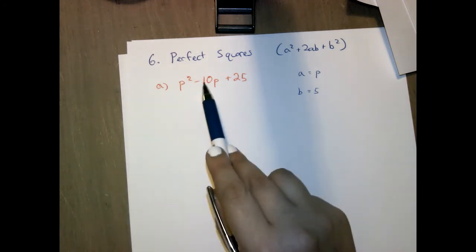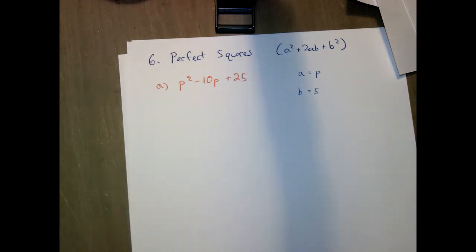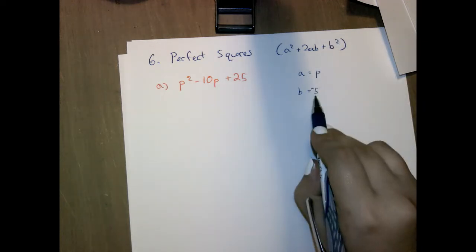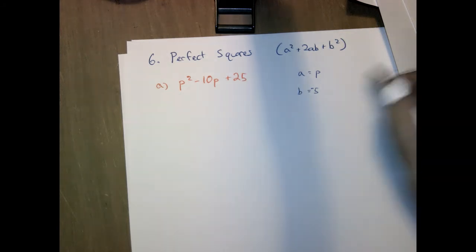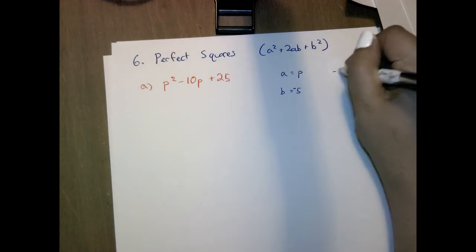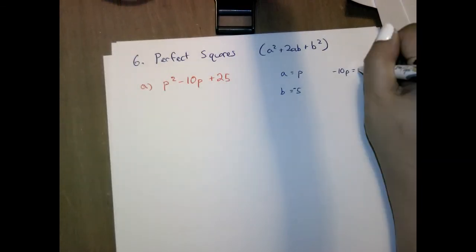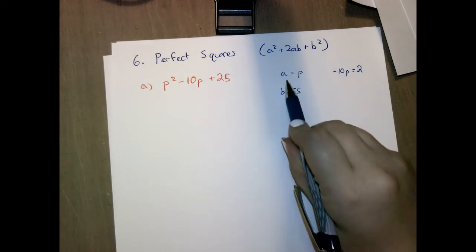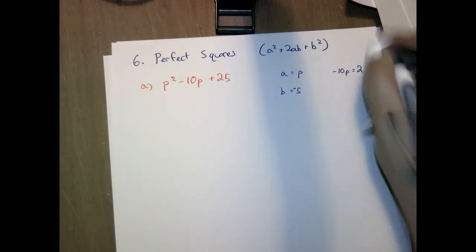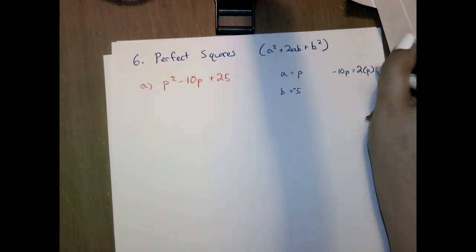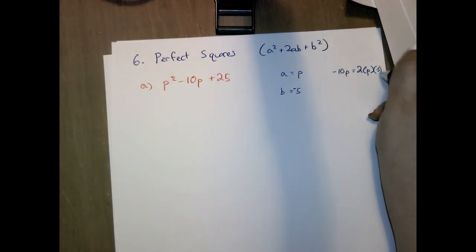And then when I look at my middle term, minus 10p, this one could also be a negative 5, right? Negative 5 times negative 5 is 25. Minus 10p is equal to 2 times a, 2 times p, times b, which is negative 5, right?